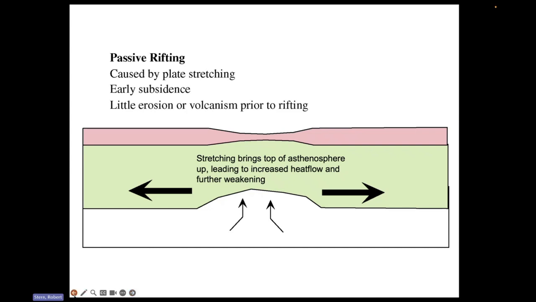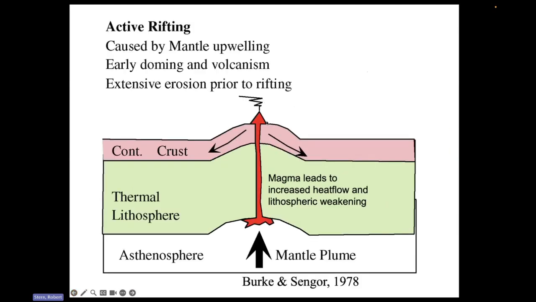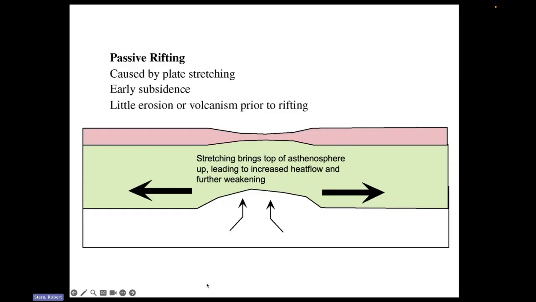Because this rising dome is going to be eroded, then we might say that looks more like an active rift. And if you don't have early erosion and early volcanism, you might say, oh, must be a passive rift. So it's very simple-minded. Obviously, nature is more complicated than that, but it's one way to think about it.